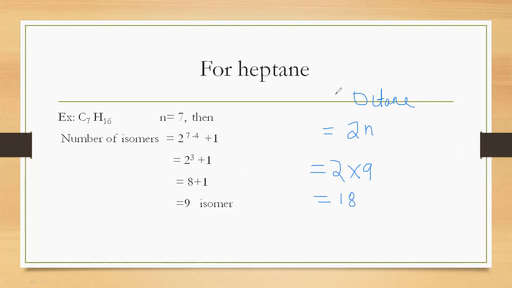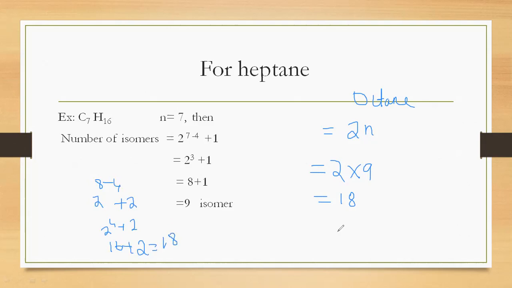Just see there. The other formula: 2 to the power 8 minus 4 plus 2 for octane, so 2 to the power 4 plus 2. 2 to the 4 is 16, plus 2 is 18. Both give 18 isomers.